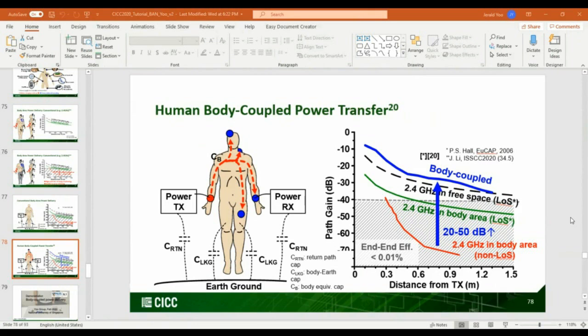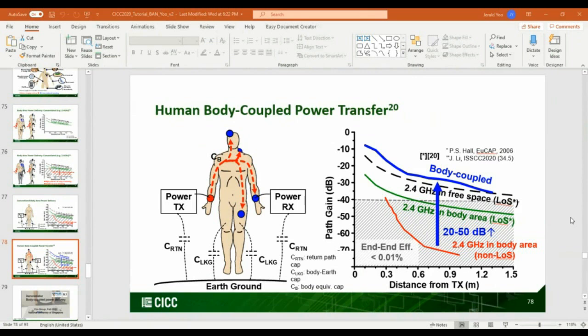I would say the most probable benefiting application I'll be looking forward to in the coming years will be anything that's related to charging the battery, such as Fitbit or watches that have to be attached to your body anyway. If you can charge the battery through this scheme, and I didn't mention it in detail here, you can also harvest energy through the body coupling, and that will extend the battery lifetime.